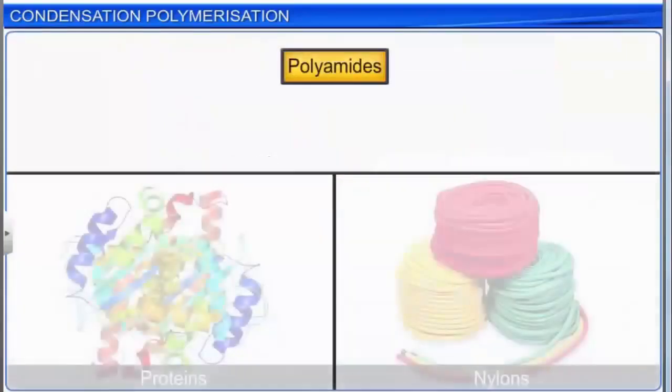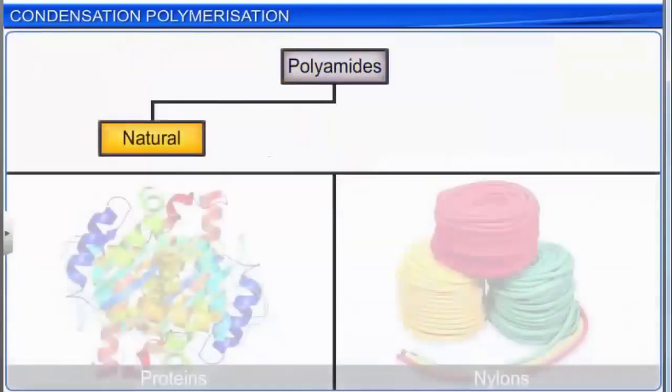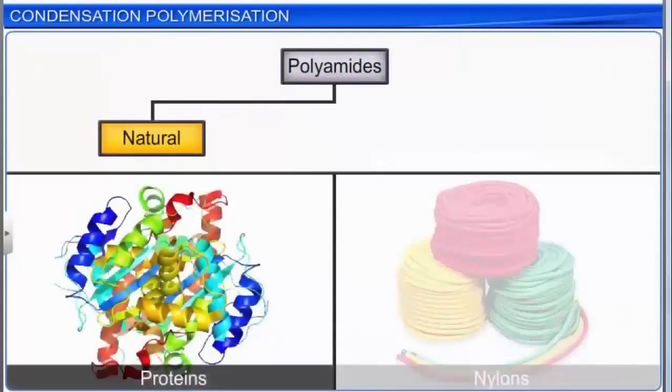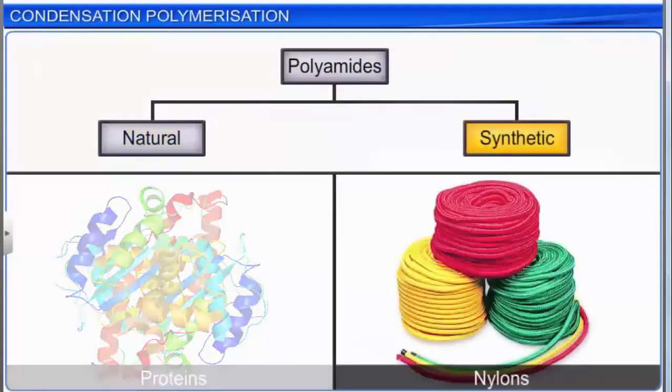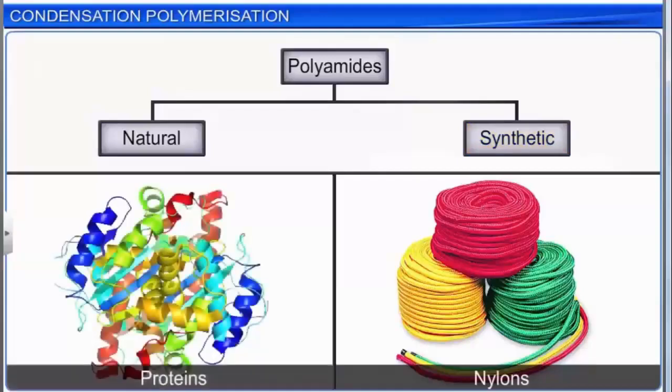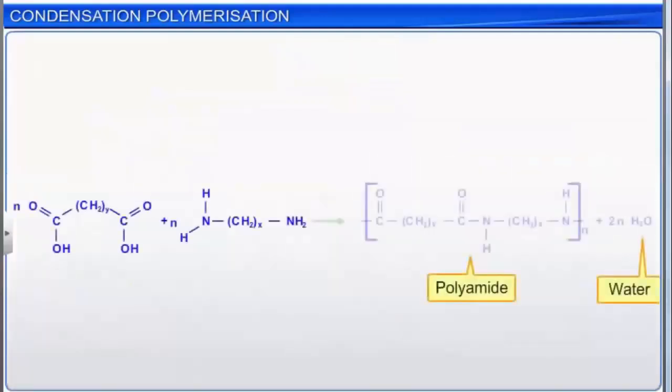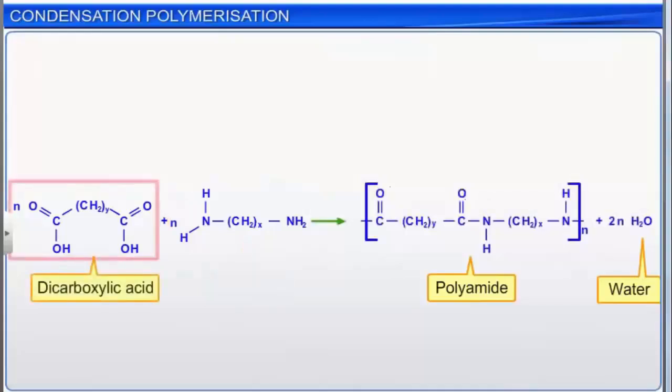Polyamides may be naturally occurring, such as proteins, or synthetic, such as nylons. Nylons are commercially important synthetic fibers. The general reaction to obtain polyamides can be described as the reaction of diamines with dicarboxylic acids or dibasic acid to form amide linkages.